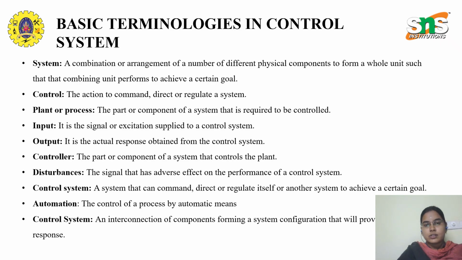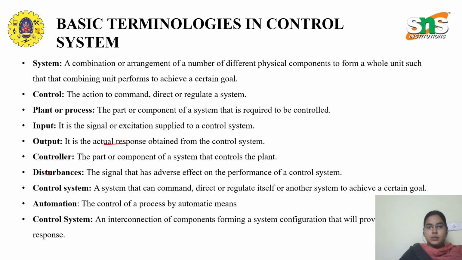A plant or process performs a specific task, and input is nothing but the signal or the supply which we give. Output is the actual response obtained from the control system. And the controller is the main part of the control system which controls the overall plant's operation.